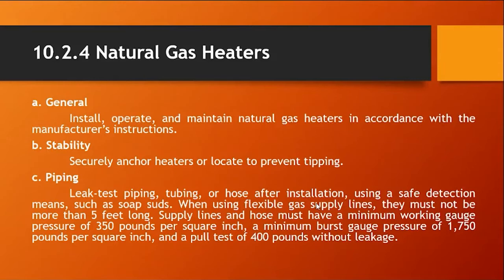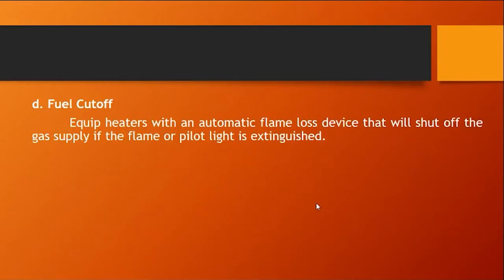When using flexible gas supply lines, they must not be more than 5 feet long. Supply lines and hose must have a minimum working gauge pressure of 300 pounds per square inch, a minimum burst gauge pressure of 1,750 pounds per square inch, and a pull test of 400 pounds without leakage. Fuel cut-off: equip heaters with an automatic flame loss device that will shut off the gas supply if the flame or pilot light is extinguished.